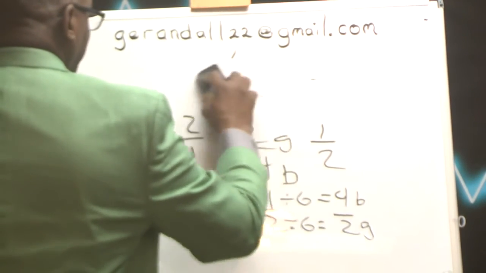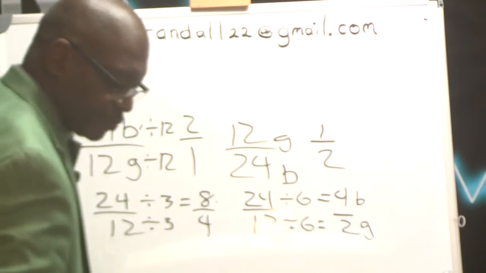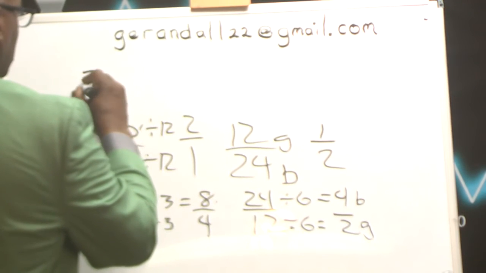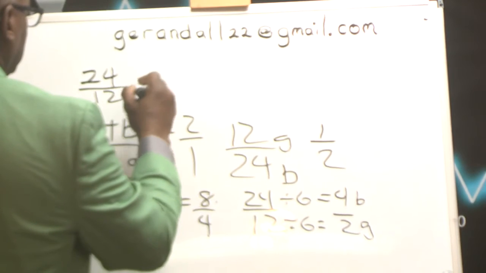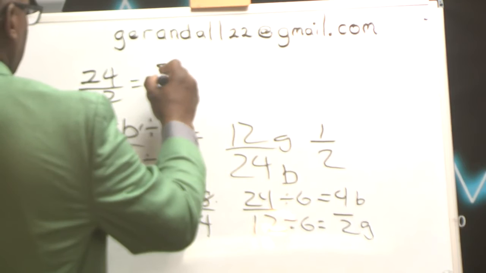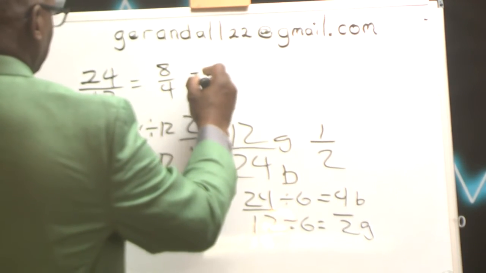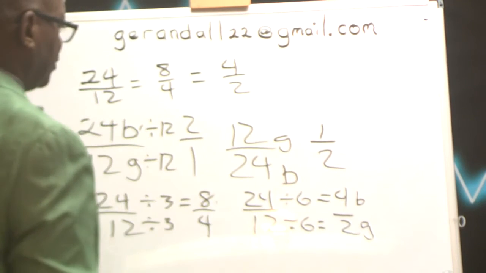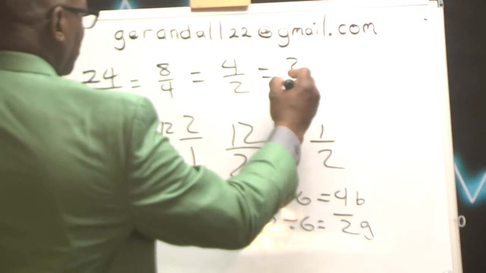Again, we're comparing two numbers, but in each case, we started out with 24 over 12, which equaled 8 over 4, which equaled 4 over 2, which equaled 2 over 1.